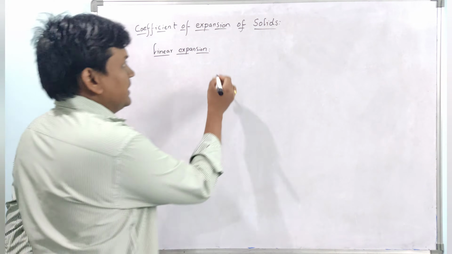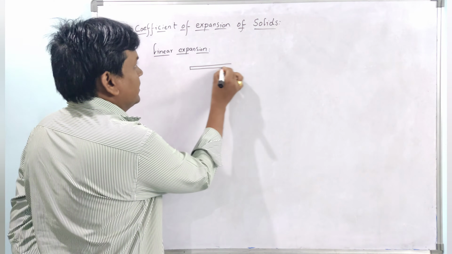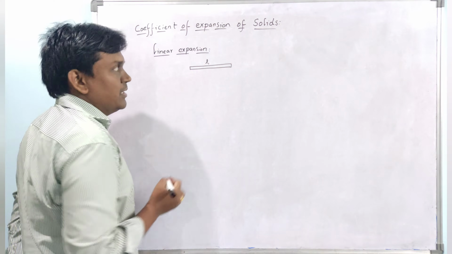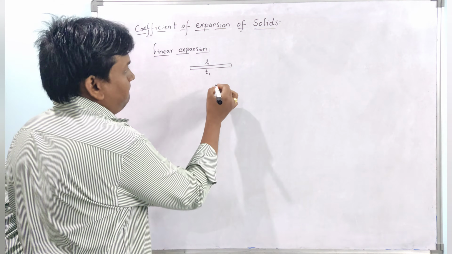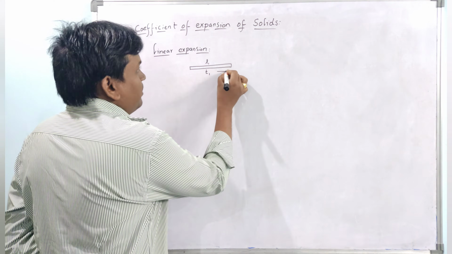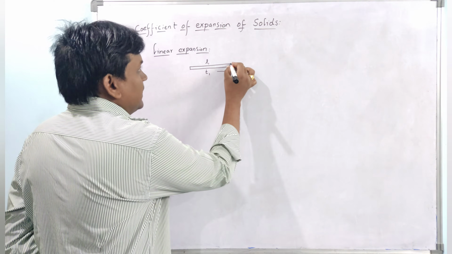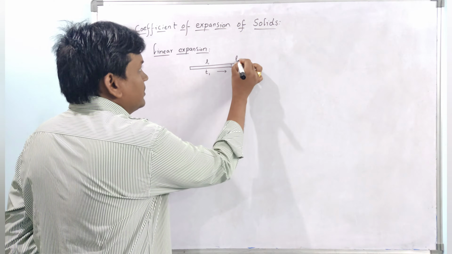For this linear expansion, I am taking a rod which has a length L1 at a temperature T1, and if the temperature is raised to some T2, then the length of the rod changes to L2.